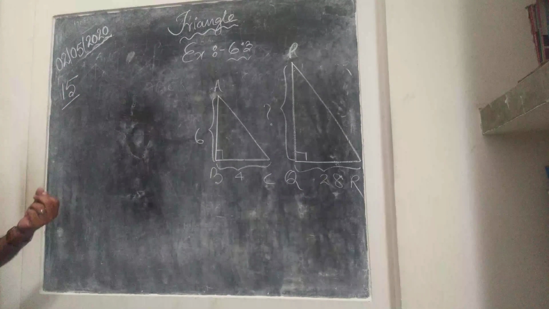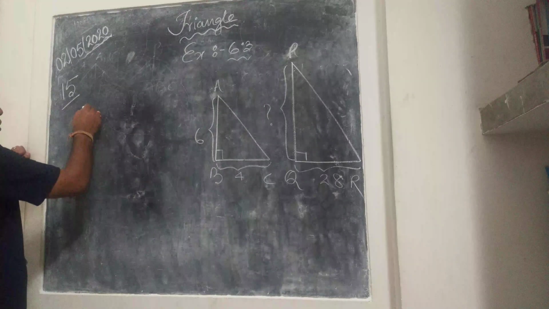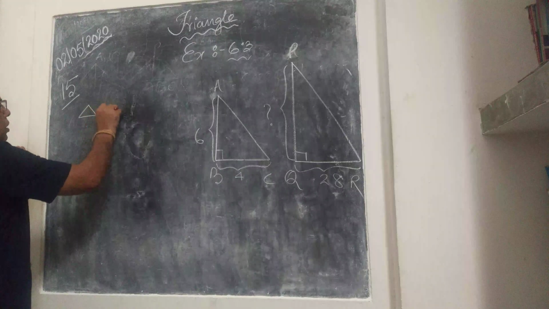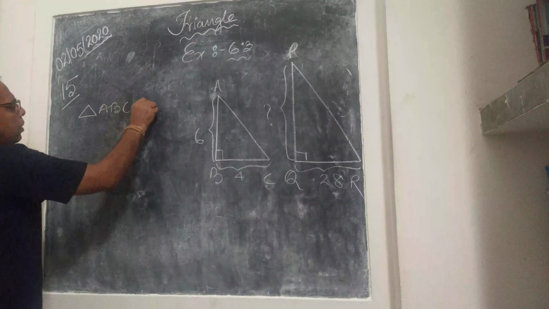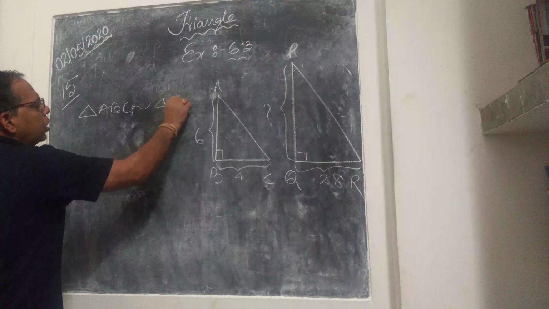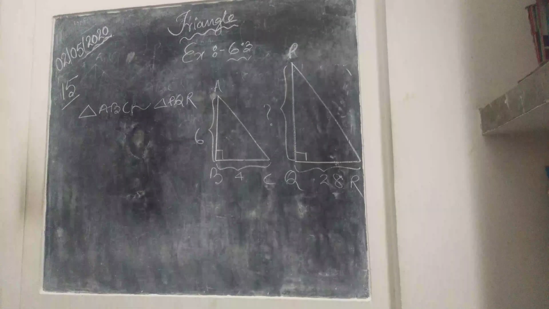So both are right angle triangle. So as both are right angle triangle, then you see triangle ABC similar to triangle PQR. Now, some of you may think that on what basis written similar?